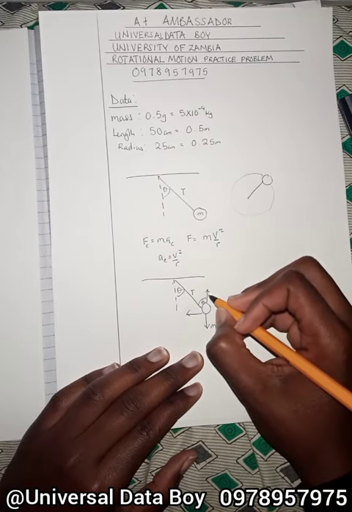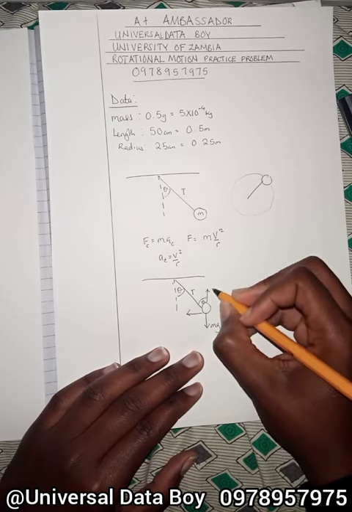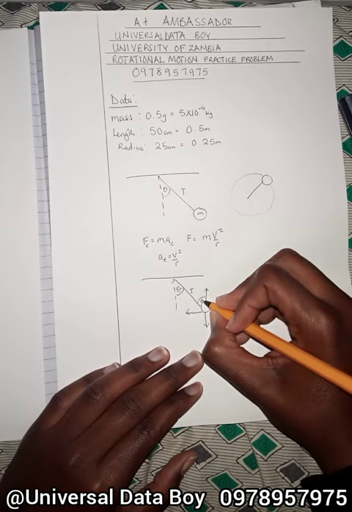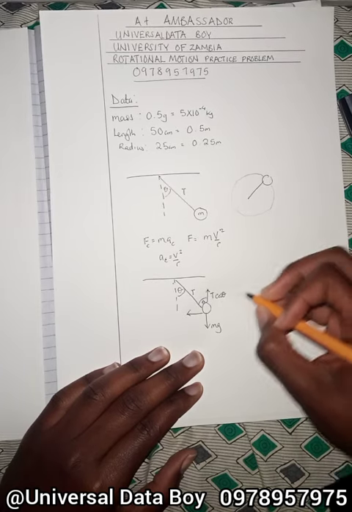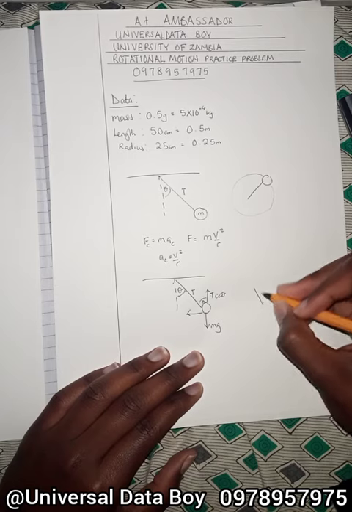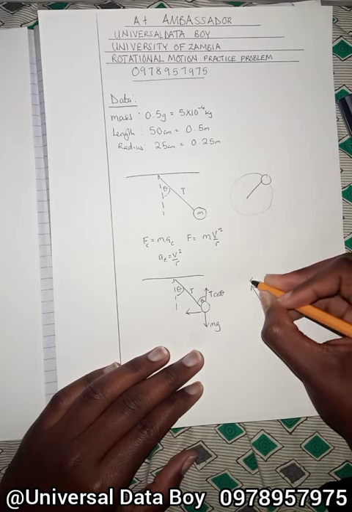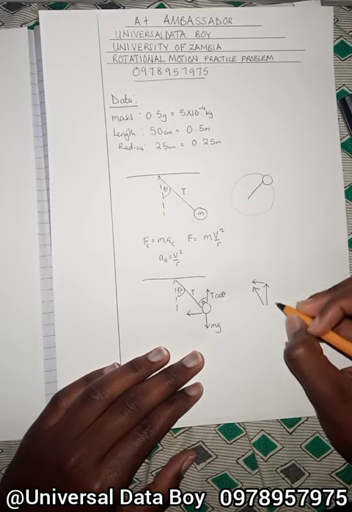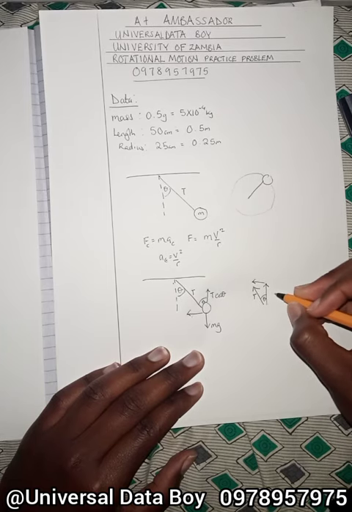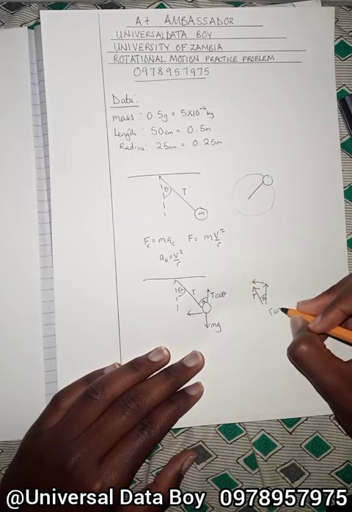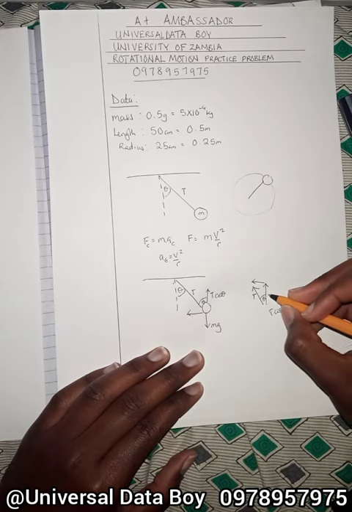So now if you want to find this vector here, the force in the y component, it will be the adjacent to this theta, which is T cos theta. When we make this one as a triangle, it will be like this, and if this is our theta, then this will be our T. Then T cos theta will be equal to the thing that's there.